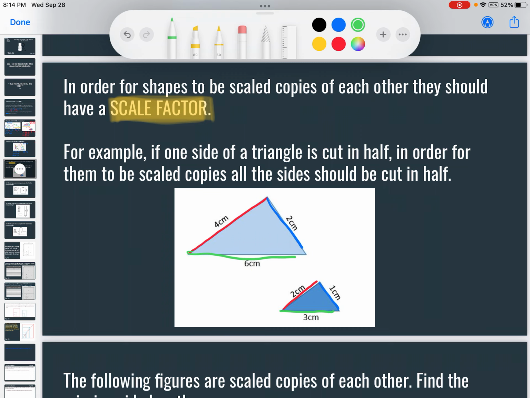They're scaled copies because we did the same thing to each side to get from one to the other. The common scale factor here is 0.5. We cut each side in half to get there. All the sides need to have the same relationship.